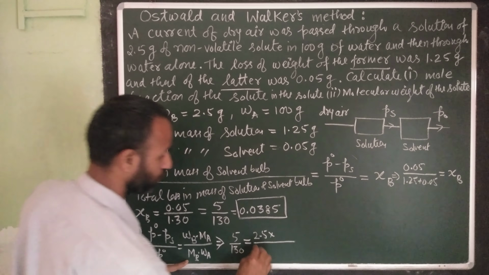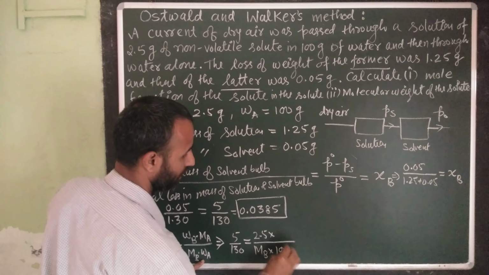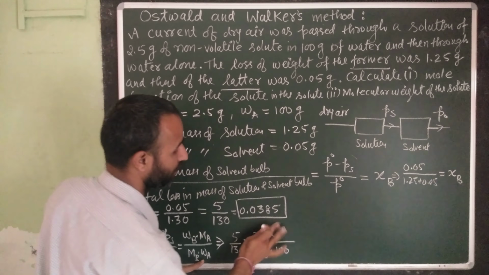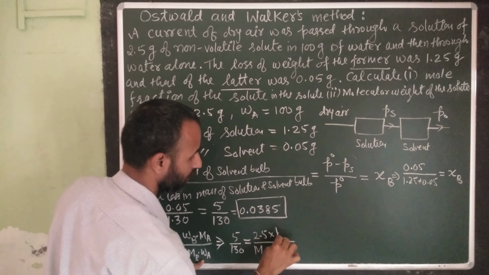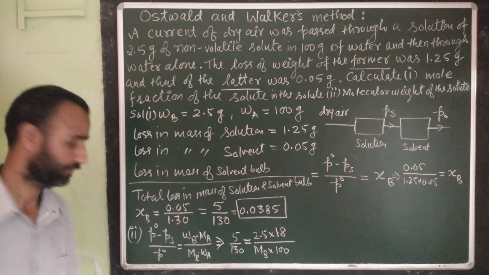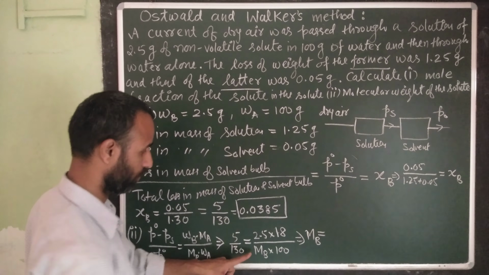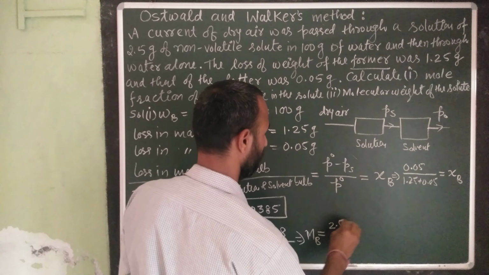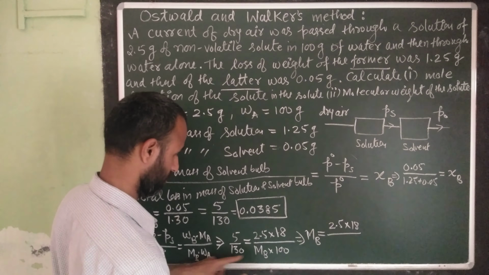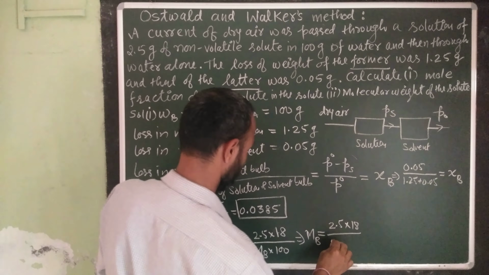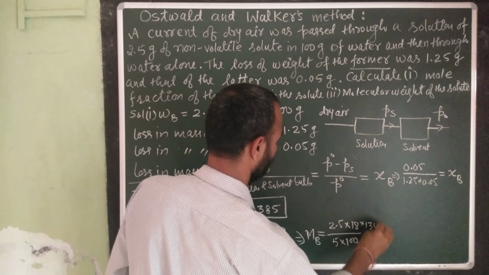Molar mass of the solute we have to calculate. WA is 100, and molar mass of the solvent is actually water. So water's molar mass is 18. So that implies MB is equal to 2.5 into 18 divided by 5 into 100, here it is 130.